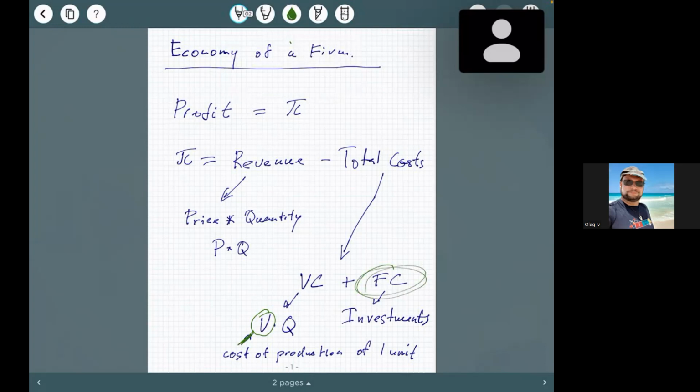And in the car industry, fixed costs are one of the largest. You need to build pretty large factories, billions and billions of dollars. That's why very rarely we see new car manufacturers. In fact, only Tesla managed to break this kind of glass ceiling and become a successful car manufacturer.